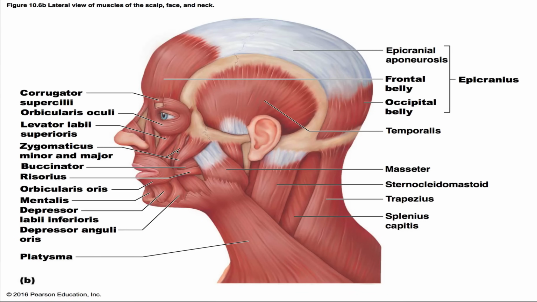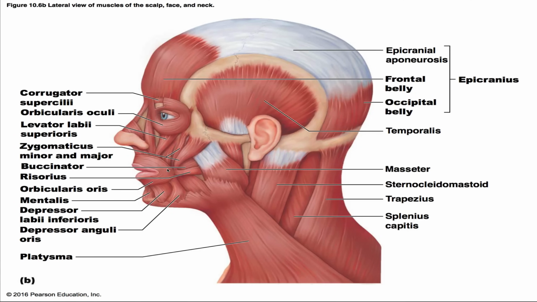Now going back over here to the zygomaticus, it is the muscle that allows you to smile. This is your smiling muscle. So it raises the lateral corners of your mouth upwards. Okay, so again, it's going to raise these upwards, and then it allows you to smile. So the zygomaticus is your smiling muscle.